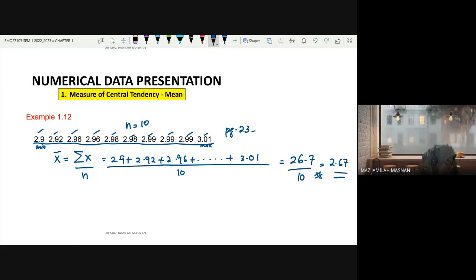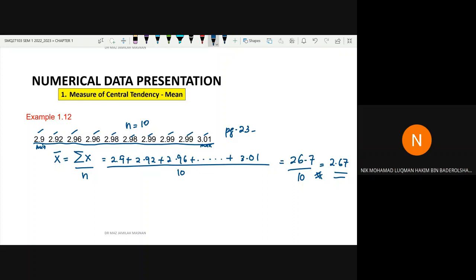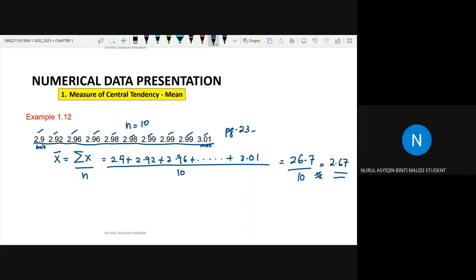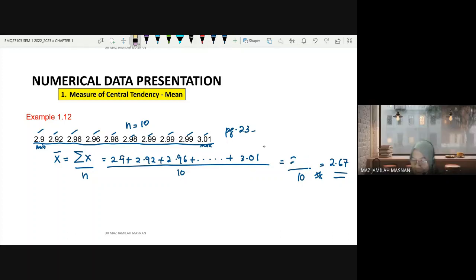Okay, 2.67. 2.9, 2.96, 2.96, 2.98, 2.98, 2.99, 2.99, 2.99, 3.01. But the doctor in the book divides by 20. Is there 20? There are only 10. 2.97. That will make sense.